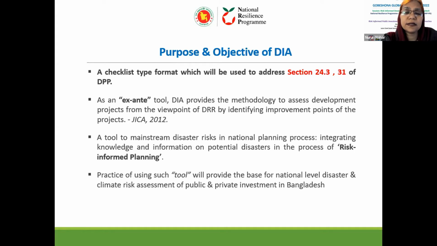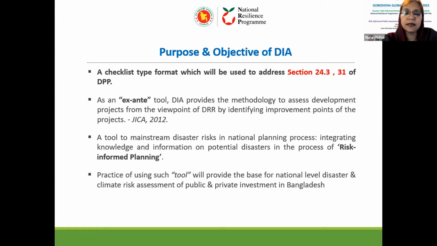We have very standard definitions of the mainstreaming of disasters by UNDRR, and the Bangladesh government follows those definitions. So it's integrating knowledge and information on all potential disasters in the process of risk-informed planning. And through practicing such a tool, it will also provide the base for national level disaster and climate risk assessment of the public and private investment in Bangladesh.